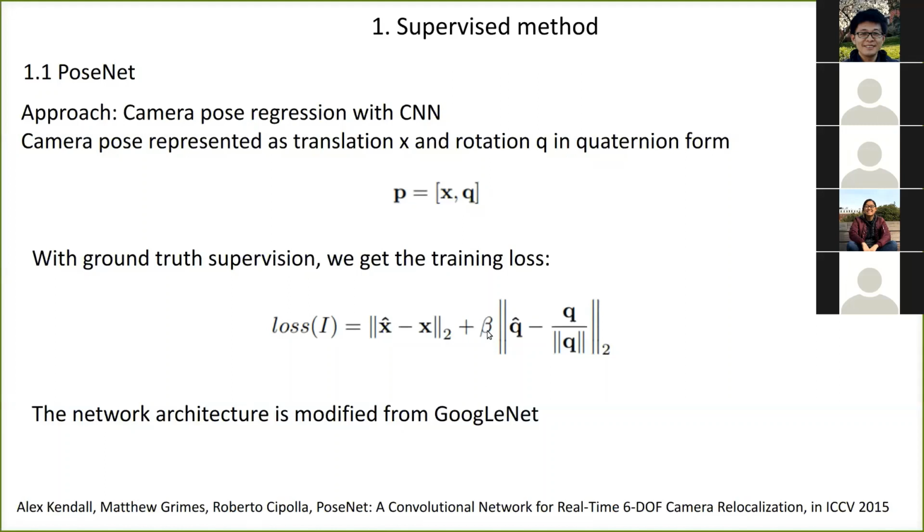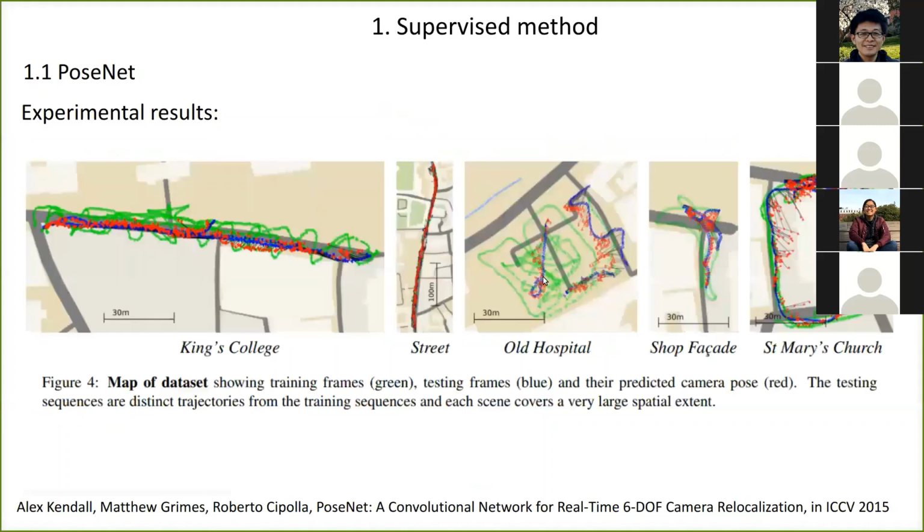Okay, so let's see some of the results here. The quantitative results that I want to share with you is here. It collects some of the data sets by itself.